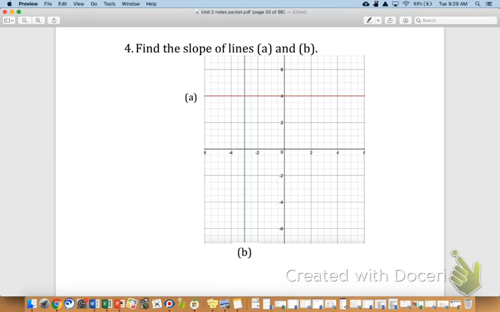I just want you to speculate. I want you to think about it, discuss if you want. Give you a couple minutes to do that.